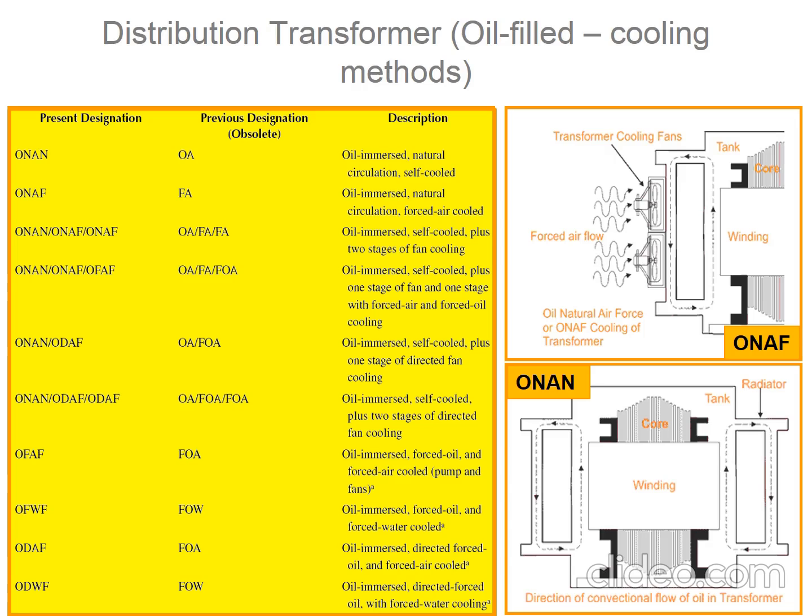For ONAN, the oil is circulated in the oil fins without any forced measure, so it is called natural, and the air on the fins goes by nature.